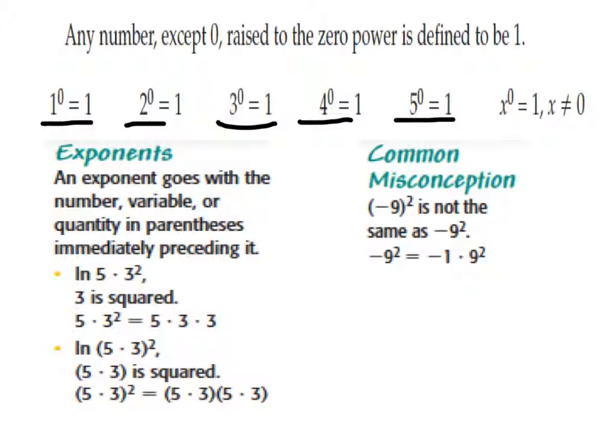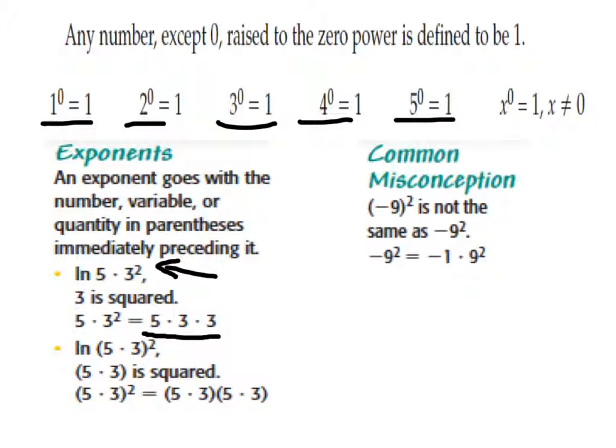Let's continue on with some extra information about exponents. An exponent goes with the number, variable, or quantity in parentheses immediately preceding it. So in our first example, this 3 squared goes with the 3, not the 5. That explains why, if we were to write it out, it would look like this. The power of 2 goes with the 3.